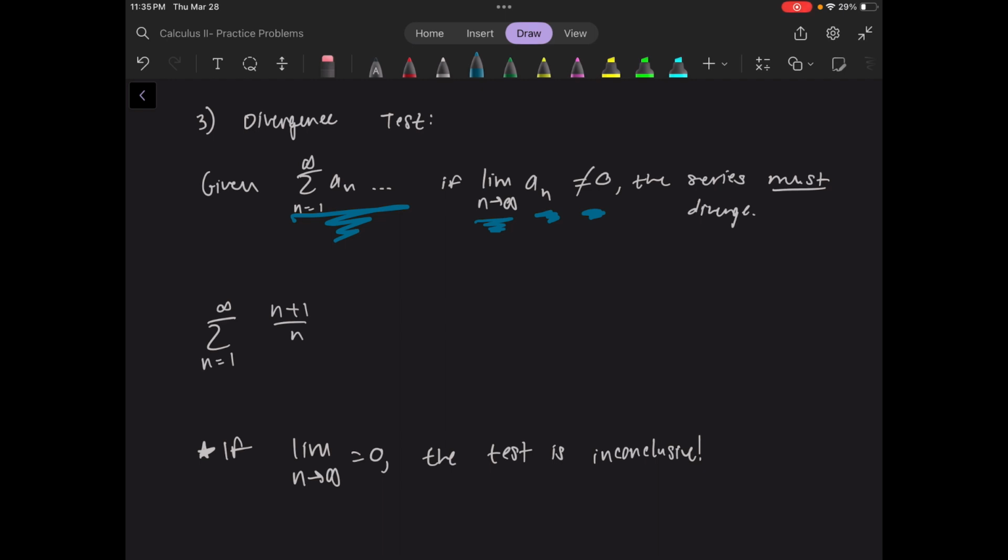So, for example, if we're given this series, and then we're asked to prove convergence or divergence like we did at the beginning of this video, we can just take the limit. This is a new strategy. This is not geometric or telescoping, so we have to use a different technique.